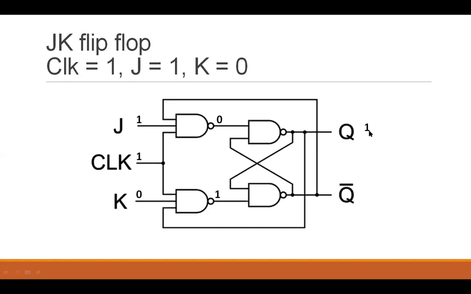And that 1 can go back into this NAND gate, which is just behind the Q complement. And that 1 NAND 1 is going to be 0. So in the first case scenario, you can see that if clock is 1, J is 1, and K is 0, then your Q is going to be 1 and Q complement is going to be 0.